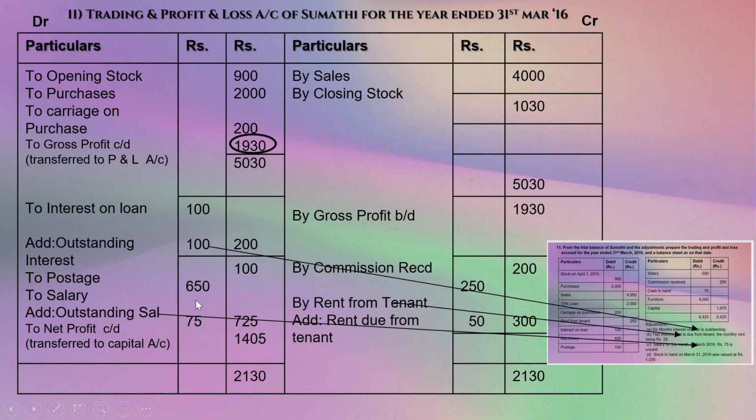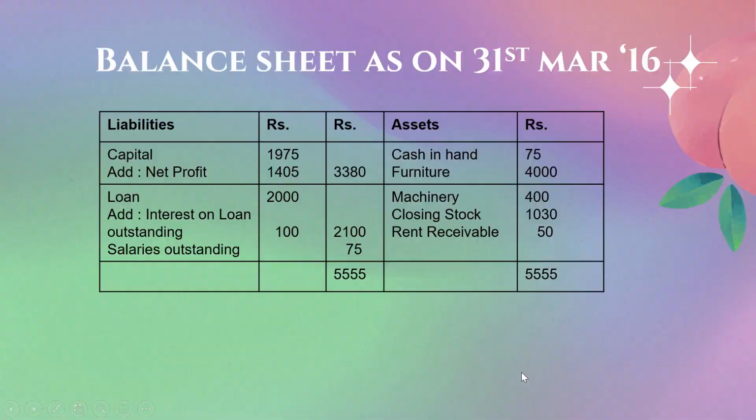Postage, salary, 1 month salary is outstanding, that you should add and write. And here gross profit, commission received, and rent from tenant. First we have received 250 rupees, and still 50 rupees we have not received, so that you should add and show.